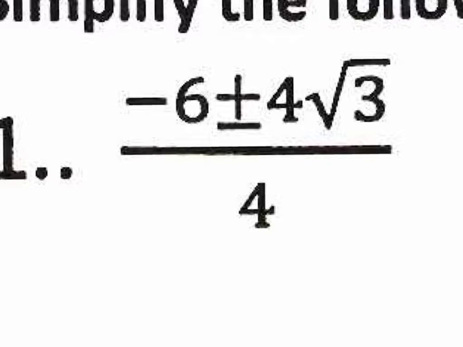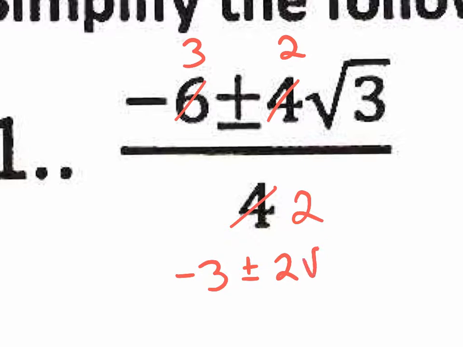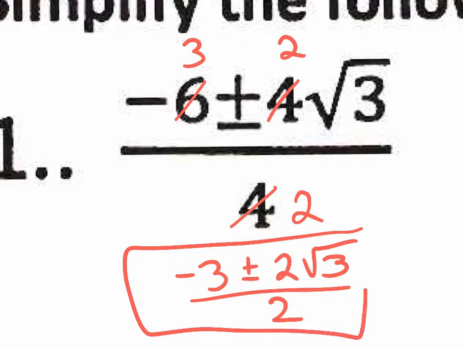So the 6, the 4, and the other 4 you could reduce by what? By 2. So reduce by 2, and you'll get the 3 right there, the 2 right there, and down here a 2. So that answer is going to become negative 3 plus or minus 2 square root of 3 over 2. So this would be the final simplified answer.